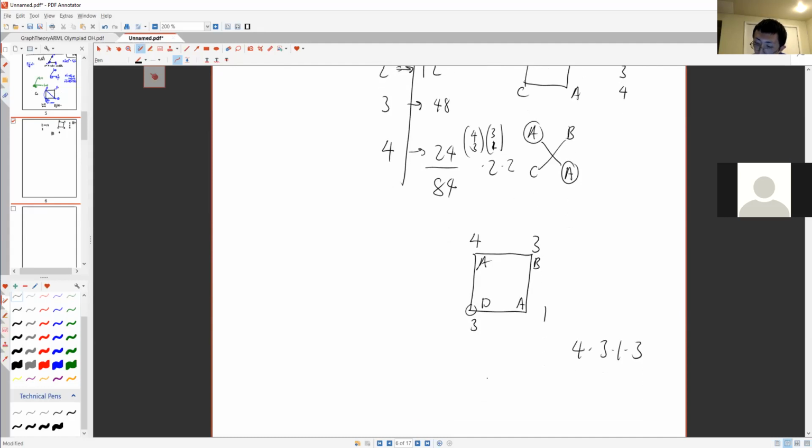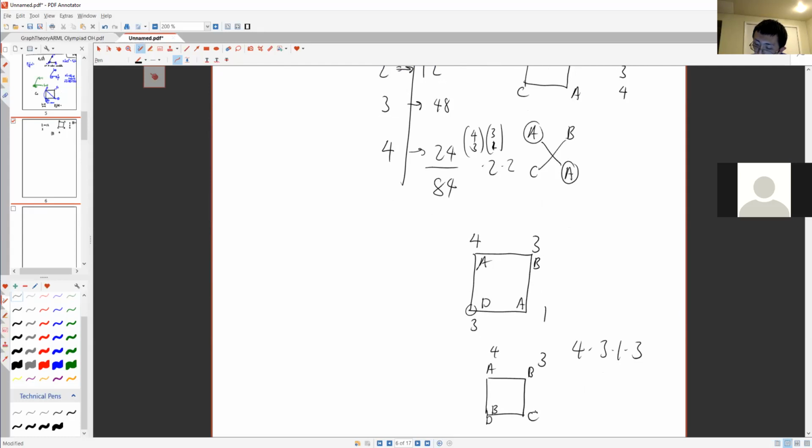The other case is if the third color is not the same as the first color, right? So A, B, let's say C. Now there's only 2 choices for the last one, right? It could be D or it could be B. So there's 4 ways times 3 ways.